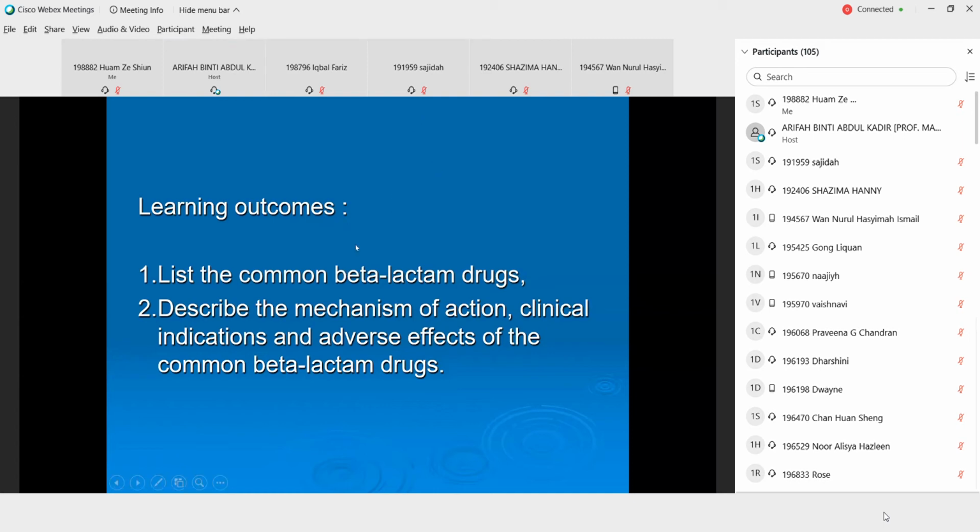In the first slide, this is on the learning outcomes. For antibacterial, antiparasitic and antifungal drugs, these would be the common or generic learning outcomes. Usually I will ask the students to list down the common drugs of that particular group.